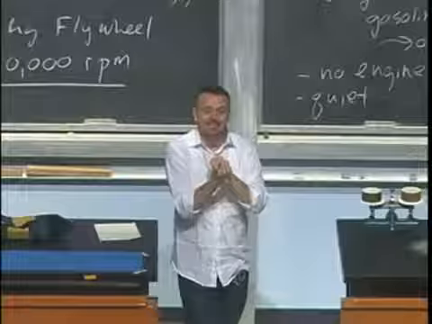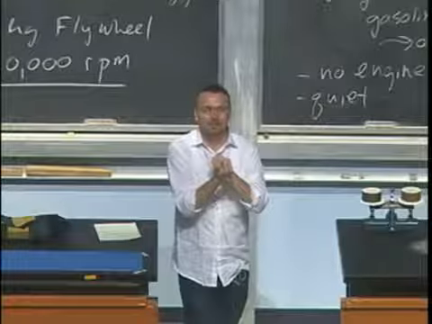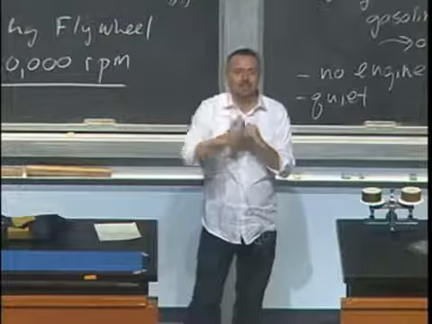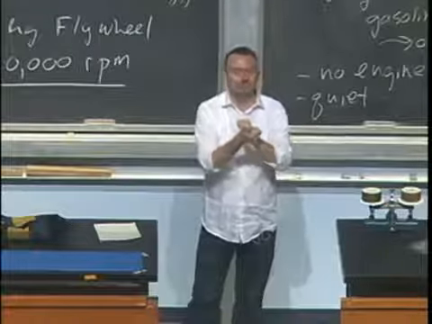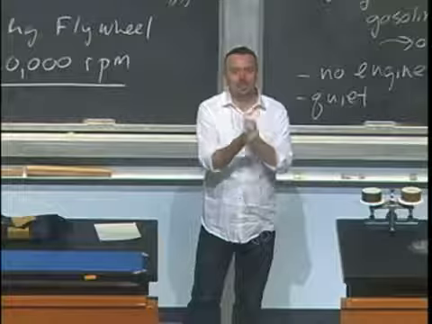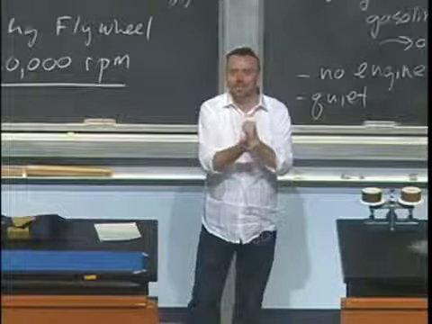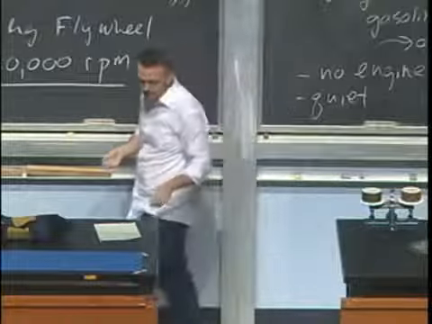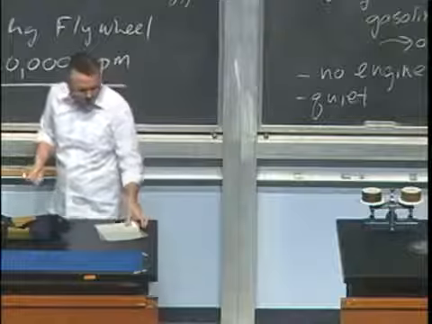The way most flywheel technologies that would be going into automobiles work is that you have lots of flywheels, balanced out, some going one way, some going the other. And as long as you can keep those balanced, then you don't have any problems with that gyroscopic motion, which we'll be talking about in a couple weeks.